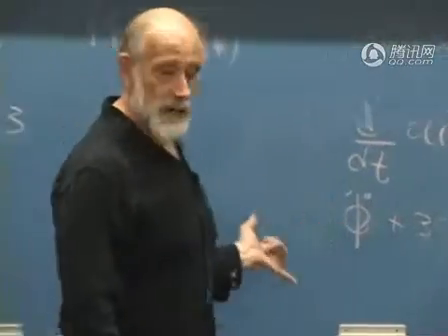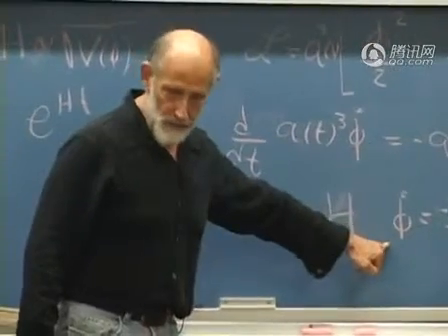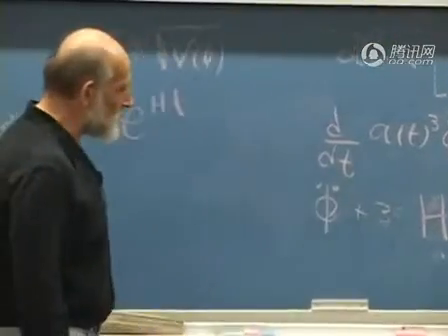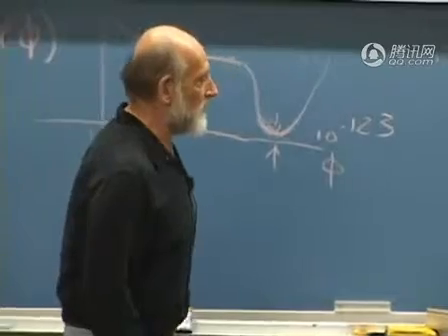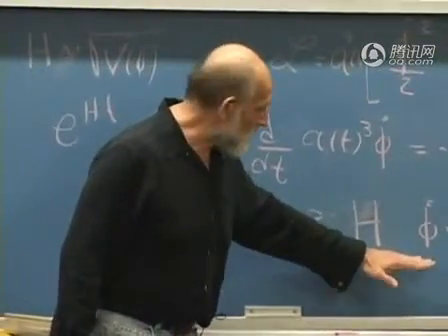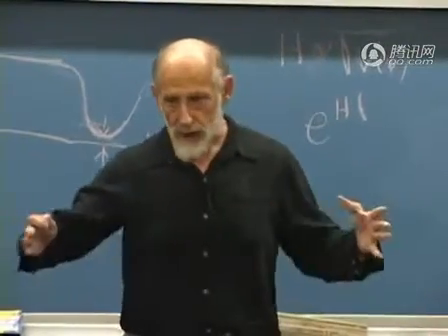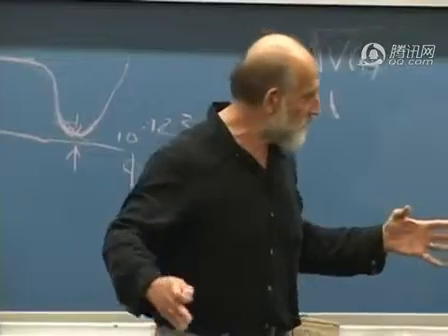Here's the acceleration, and here's the viscous drag force. So, believe it or not, this is called Hubble friction. It's not real friction. It's due to the time dependence of the size of the universe. That's where it came from.